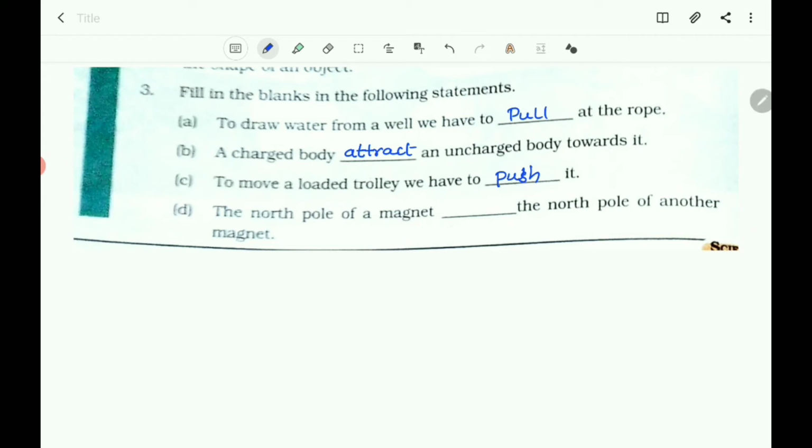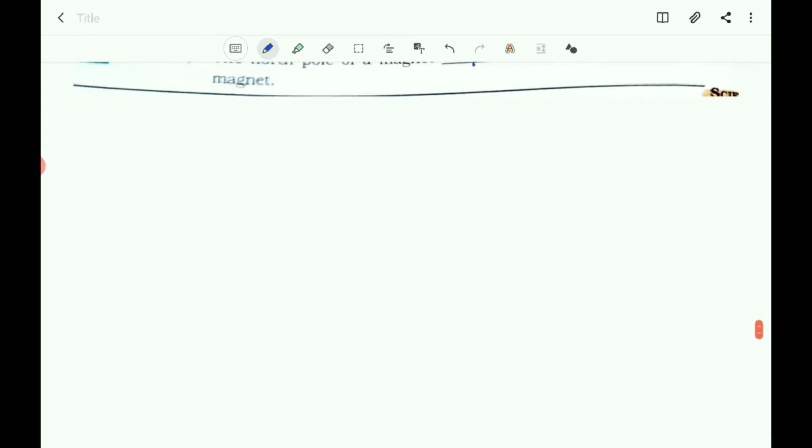You know that like poles of a magnet repel each other and unlike poles attract each other. Here north poles are like poles, so they must repel. So you can write repels. These are the answers here.